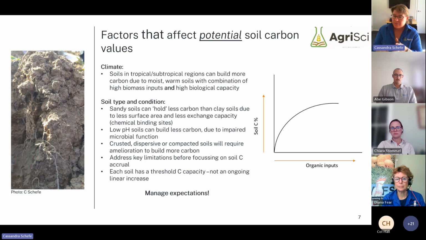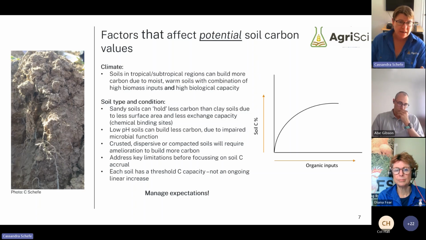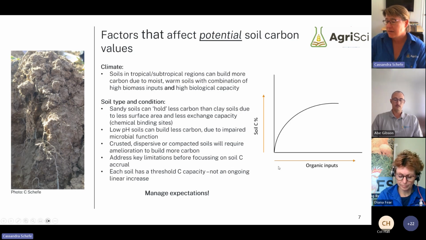The key thing to pull out of this is that every soil has a threshold carbon capacity. If we look at that scale of diminishing returns, every soil has a limit where there's less and less capacity for that soil to hold carbon. We can continue to increase our organic inputs into that soil, continue to do more stuff, but as we get towards the top end of this curve, we're going to reduce our ongoing increases in that system.